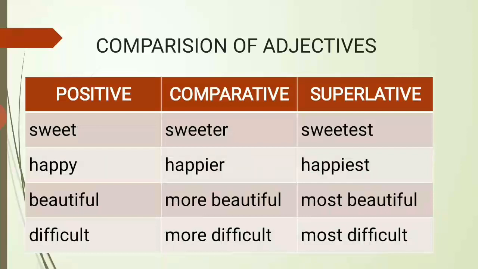Remember one fact about it, that no two comparative or two superlative adjective forms can be used to describe a single quality of a noun. For example, if I say he is the tallest boy in the class, this is correct. But if I say he is the most tallest boy in the class, that is wrong. Either you should say he is the tallest boy in the class, or he is the most tall boy in the class.